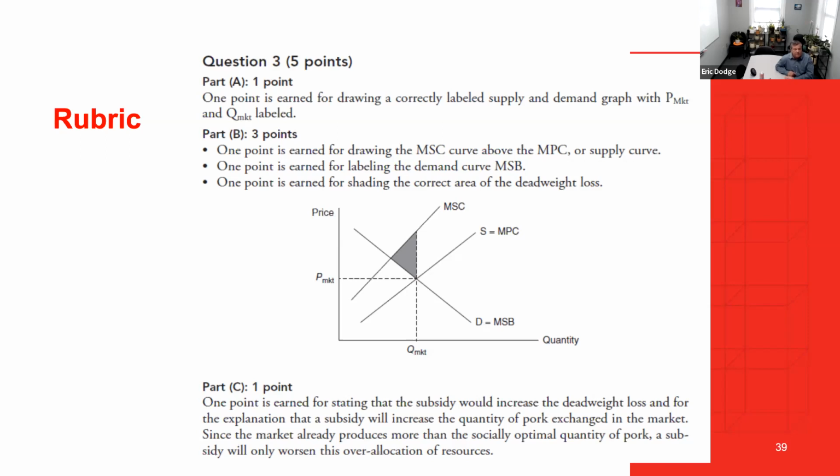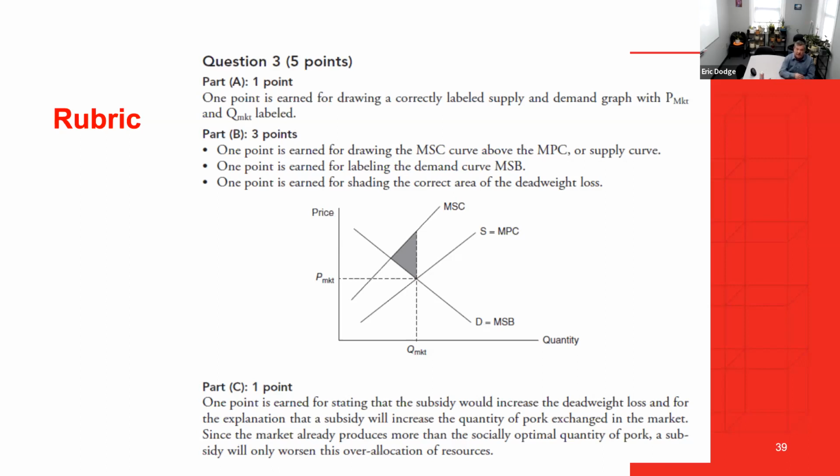Keep that in mind. All right, last point was there was going to be a subsidy on the production of pork. How was that going to affect deadweight loss? Explain. So this is an assertion. It's going to increase the deadweight loss, but you have to also have a solid explanation. And you might say, if we give a subsidy to the suppliers of pork, that's going to actually shift the market supply curve further to the right.